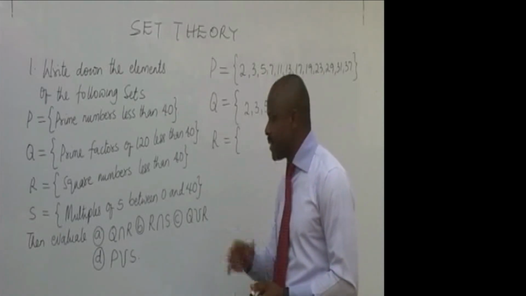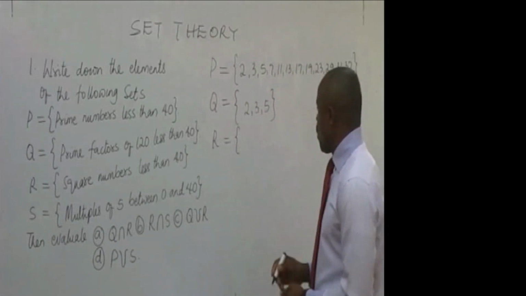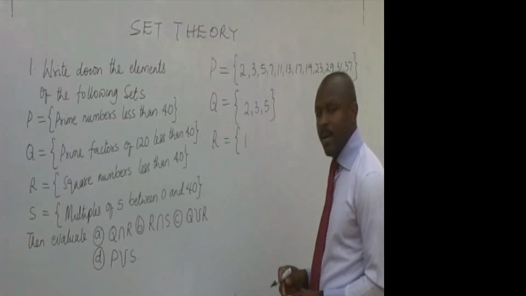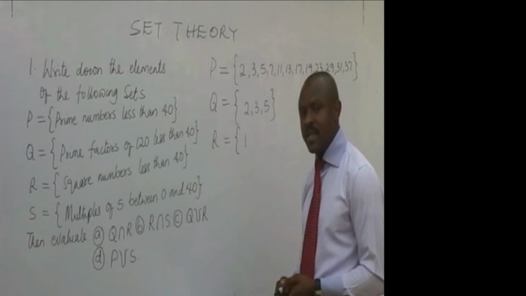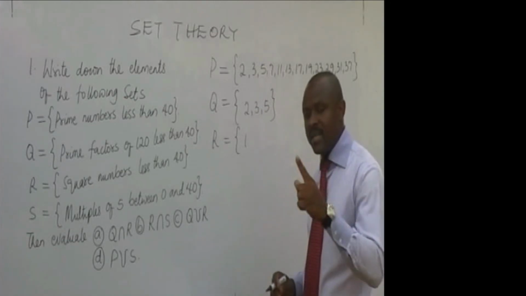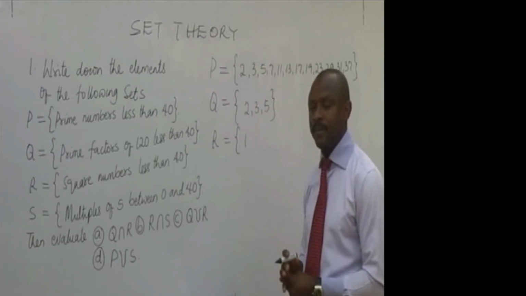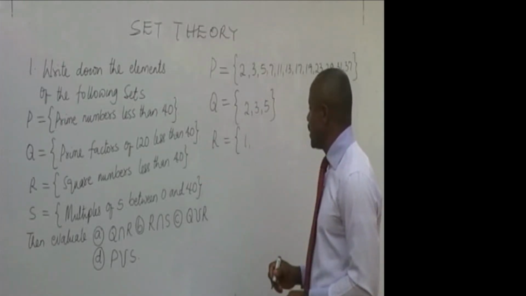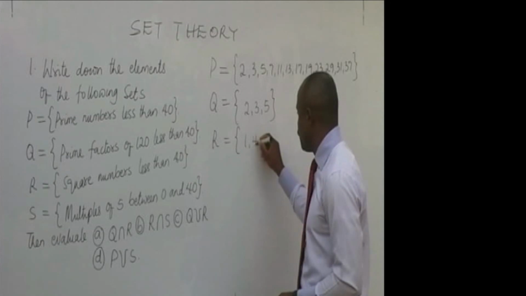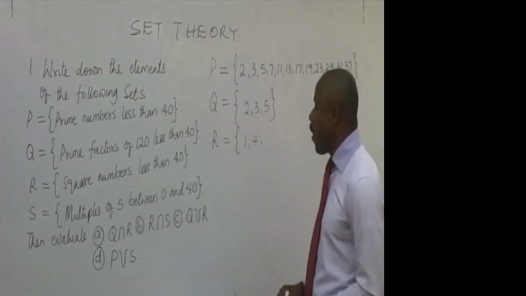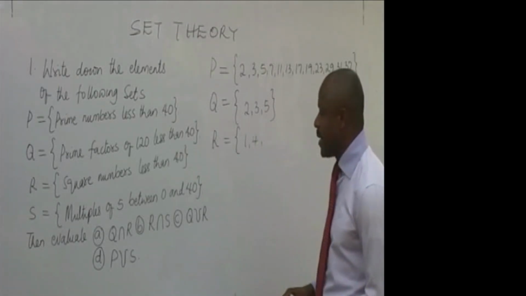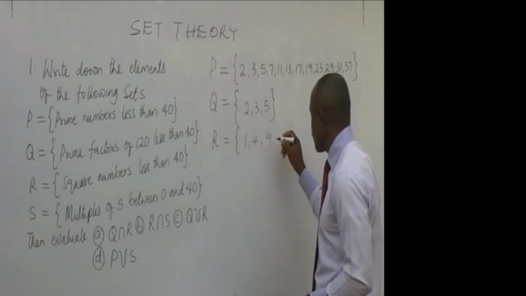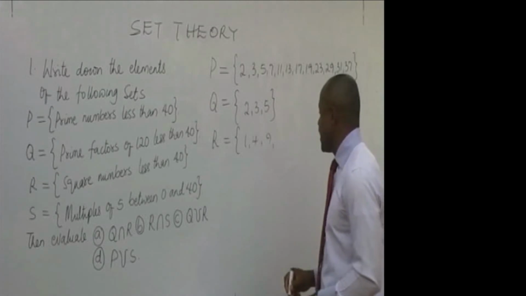So think about it. 1 is one of it. 1 is a square number because 1 is a square root of 1. After 1, we have 4. 4 is a square number. After 4, we have 9. 9 is a square number.